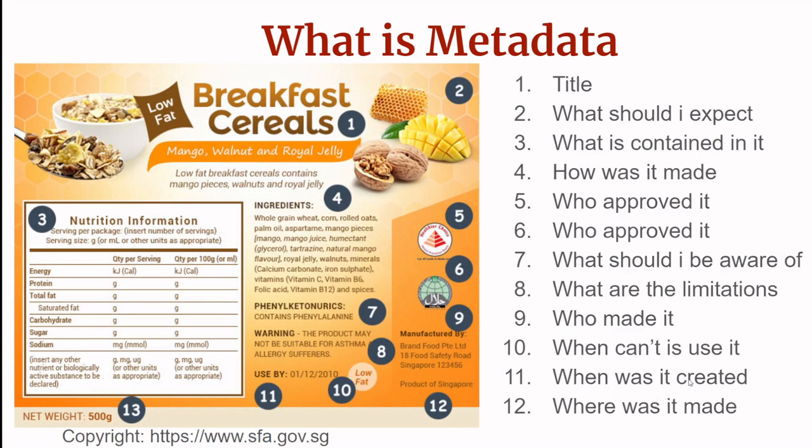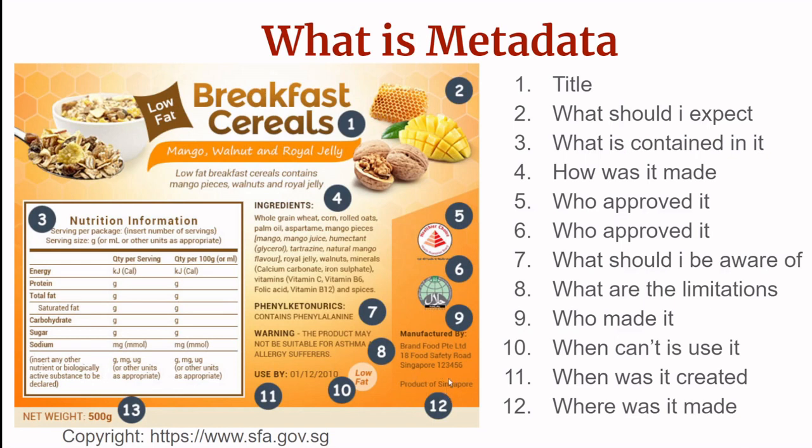It helps us to understand when it was created. It gives us the timestamp. Some of the labels you see on containers will tell you both the manufacturing date and the expiry date, and it tells us where it was made. This product helps us to understand that it was made in Singapore.